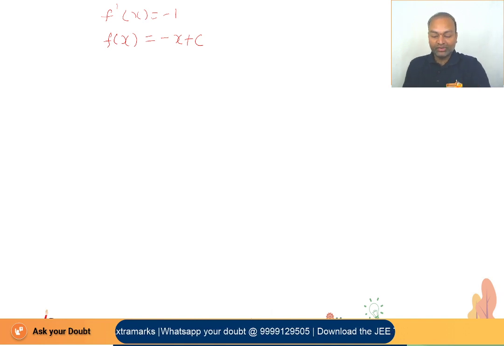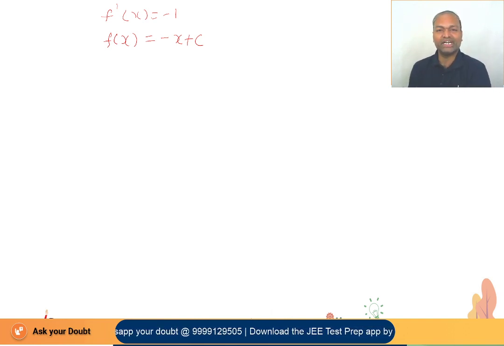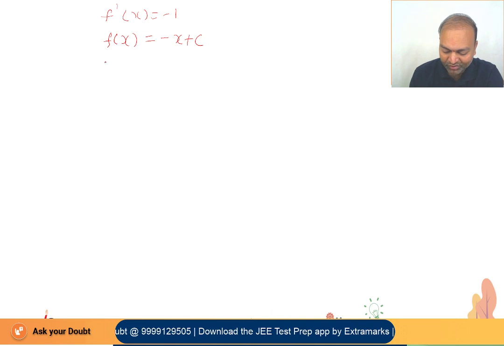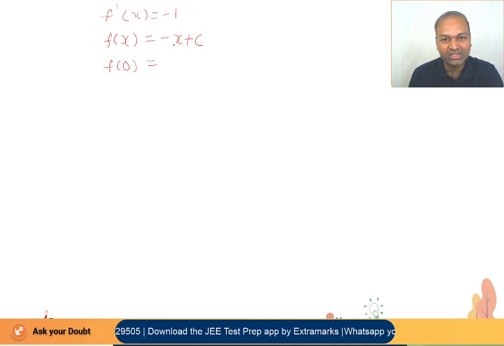Here we got f of x is equal to minus x plus c. How to find the c value? Once again use the given data. We know that f of 0 is 1. So put x is equal to 0 here: f of 0 is equal to minus 0 plus c, that is c.